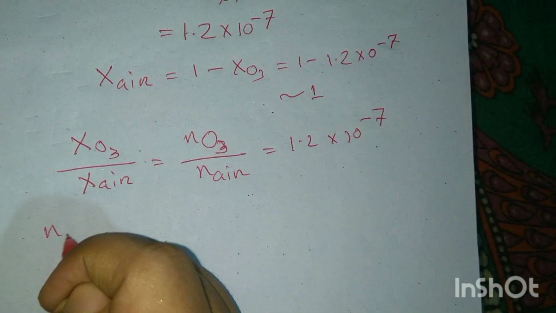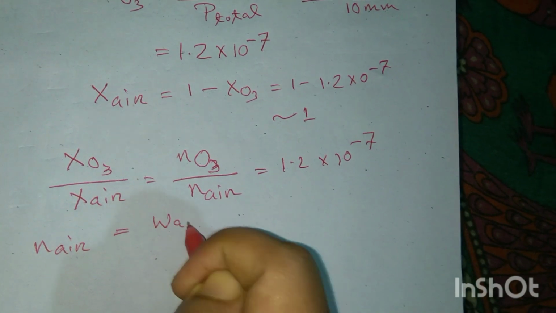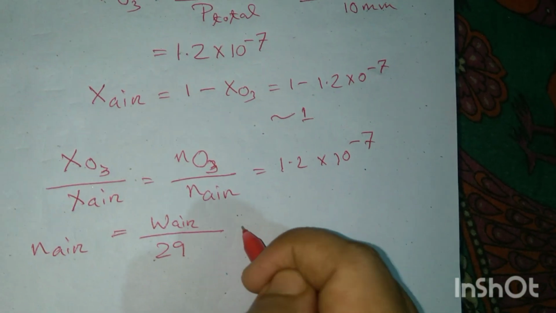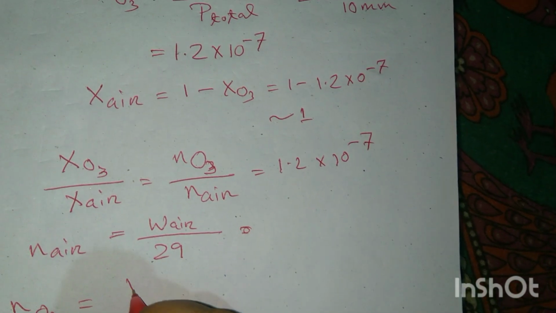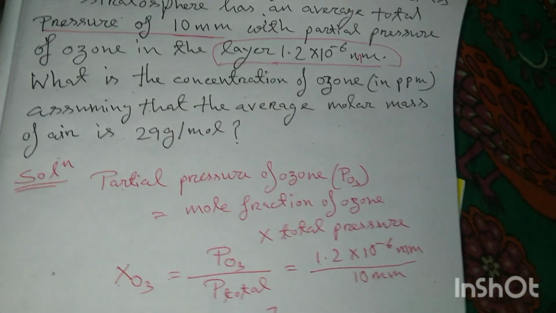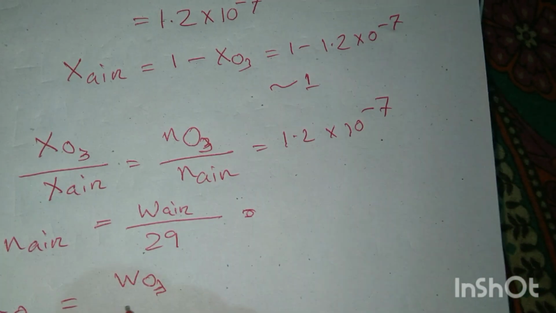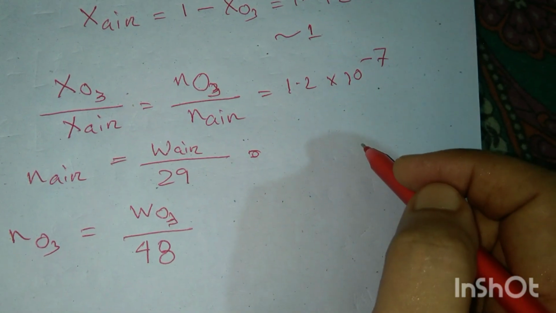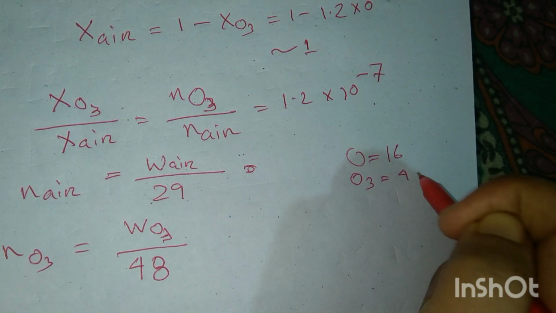Okay, so moles of air equals weight of the air divided by 29, because the average molar mass of the air is 29 gram per mole. And NO3 is equal to WO3 divided by 48, because the molar weight of oxygen, O, is 16, so O3 is equal to 48.